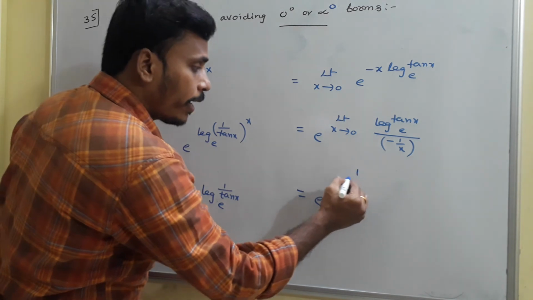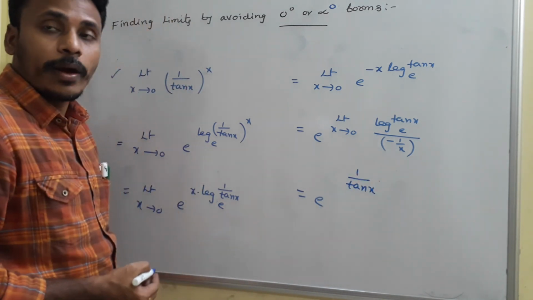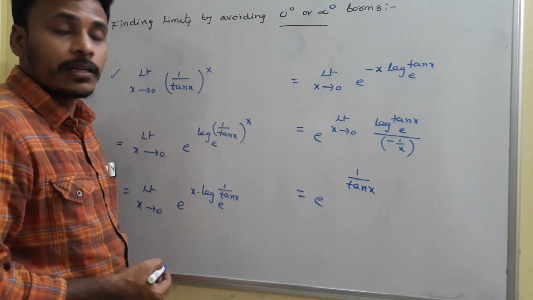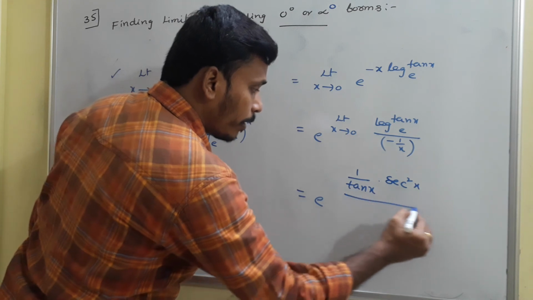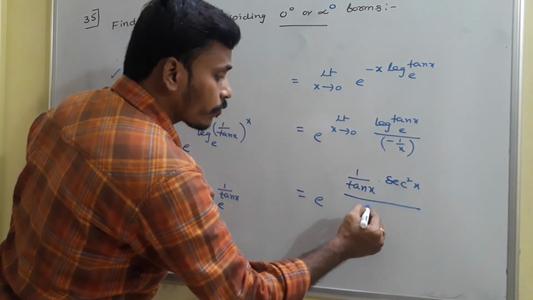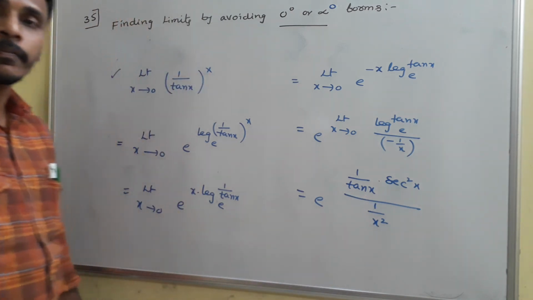The derivative of log tan x is the derivative of tan x, secant square x, divided by the derivative of minus 1 by x, which is 1 by x square.